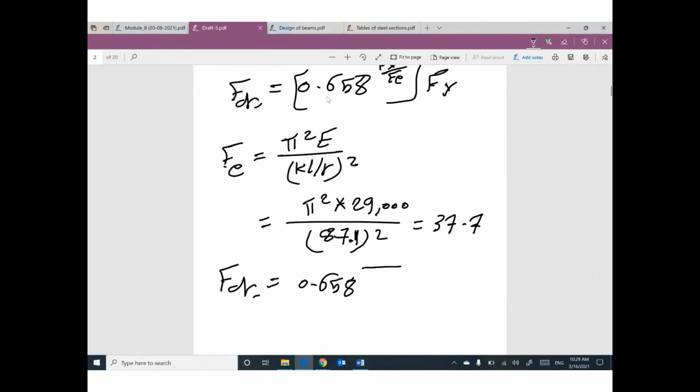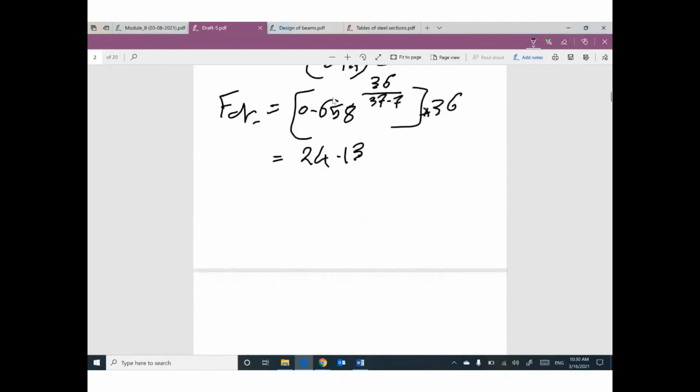0.658 to power F yield 36 divide 37.7, all of them times F yield 36. So the value will be 24.13. So Pn, or phi Pn, equals phi F critical times area gross.